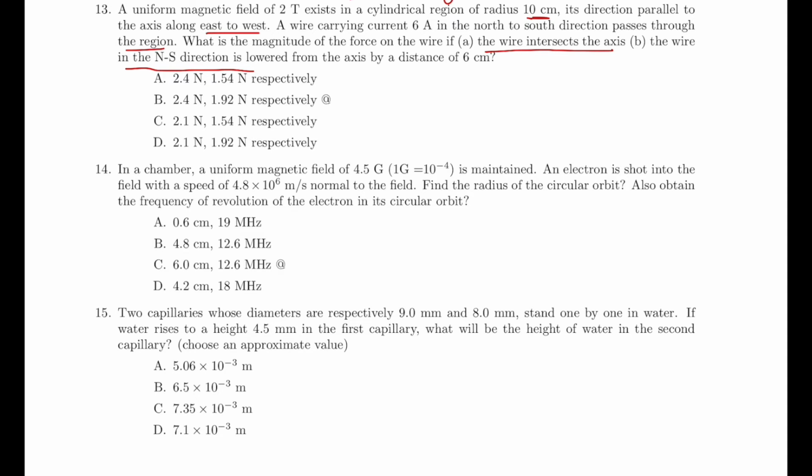So you have two cases. In one case, this is the cylinder and the wire passes like this, through the center, the axis of the cylinder. And in the second case, you have a cylinder and this is the axis and the wire is passing 6 centimeter from the axis.